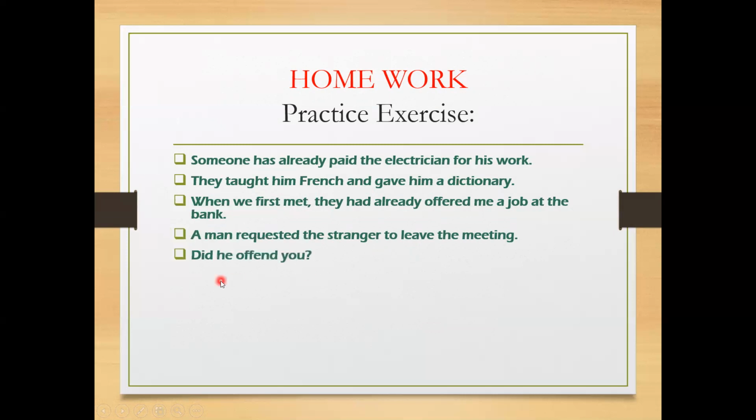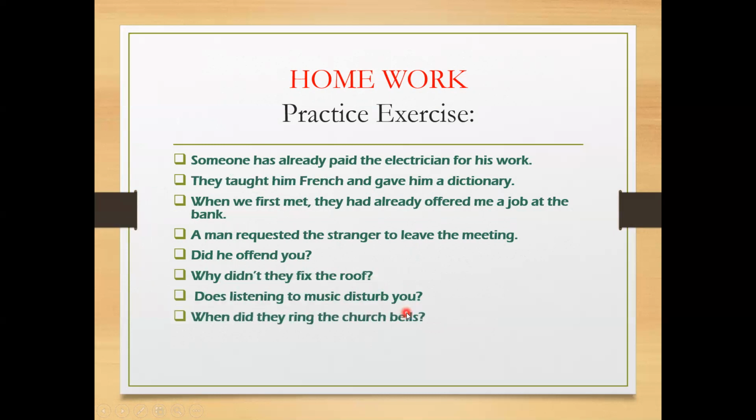Number five, did he offend you? Number six, why didn't they fix the roof? Number seven, does listening to music disturb you? Number eight, when did they ring the church bells?